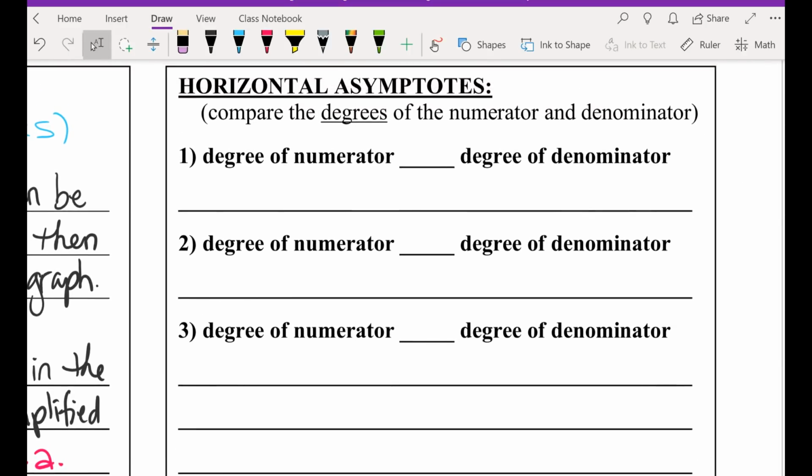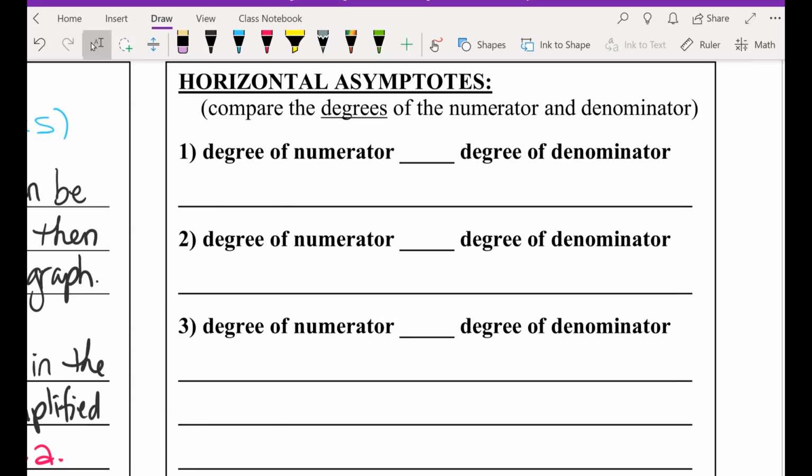Okay, horizontal asymptotes. Well, if it's something other than the reciprocal function, there's certain ways for us to tell if there's going to be a horizontal asymptote, and if there is one, what it's going to look like. Okay, so the first possibility, we'll go with red again. If the degree of the numerator, now remember the degrees are the highest exponents.